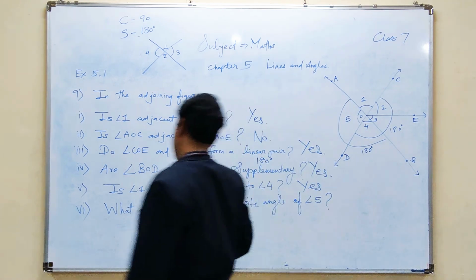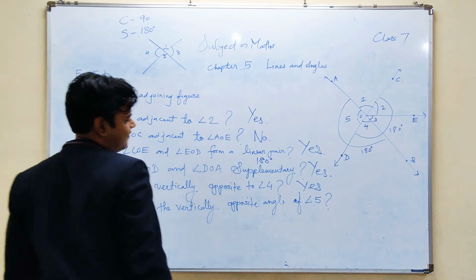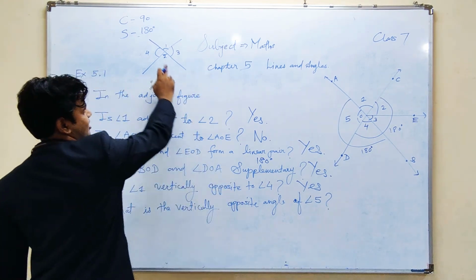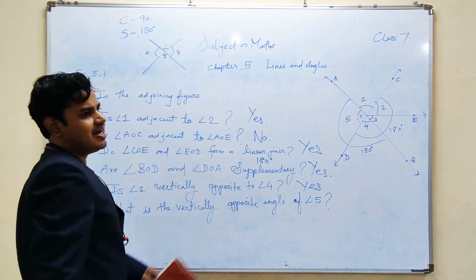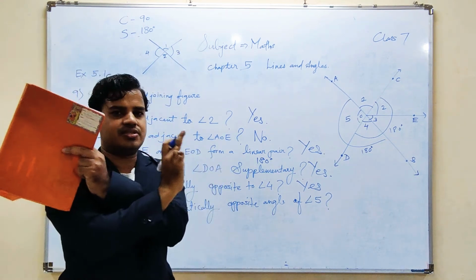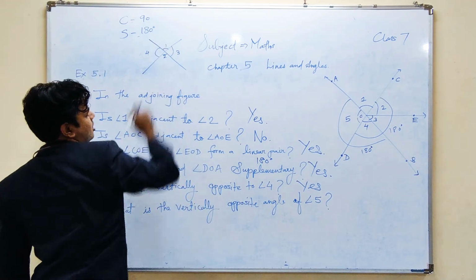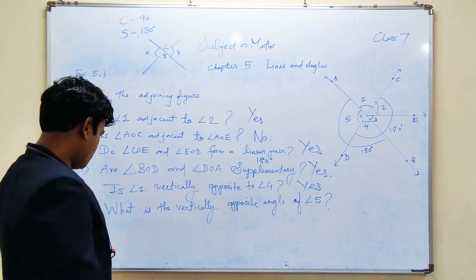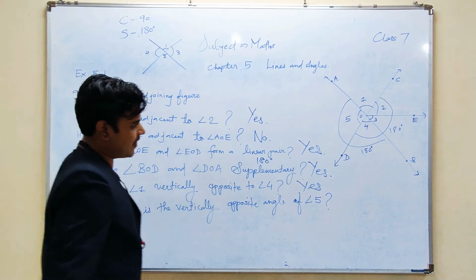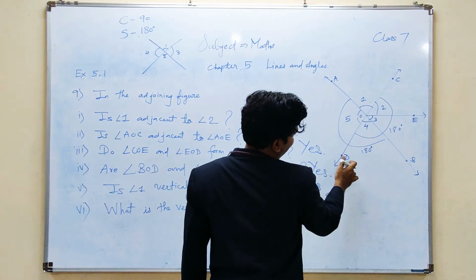The last one is: what is the vertically opposite angle of angle 5? I have already explained that vertically opposite angles are formed when two lines intersect each other, like an X, and opposite angles are equal. Here is angle 5, that is AOD.